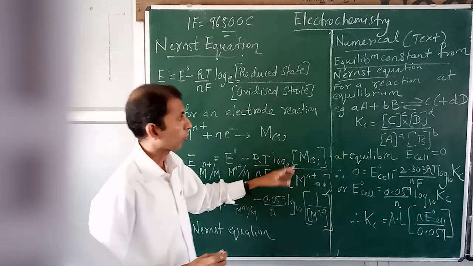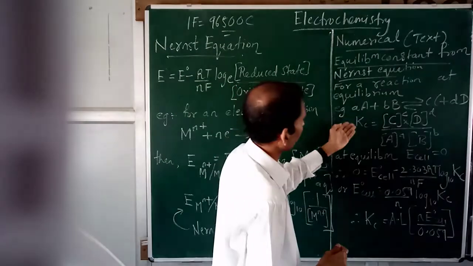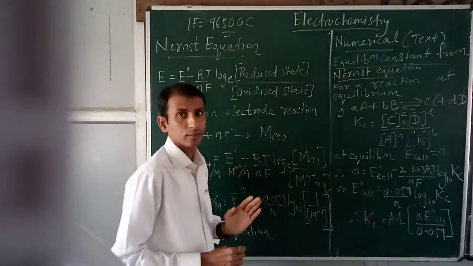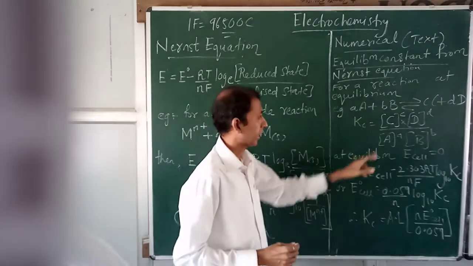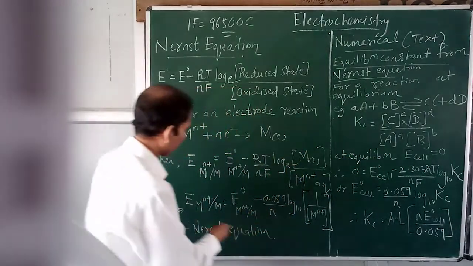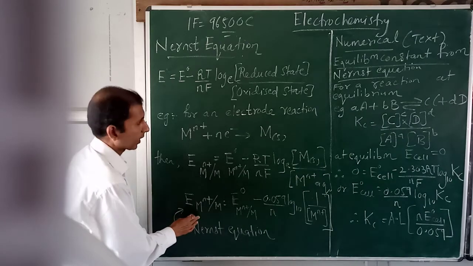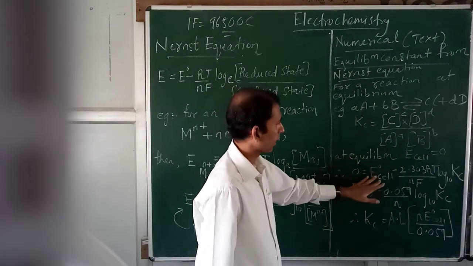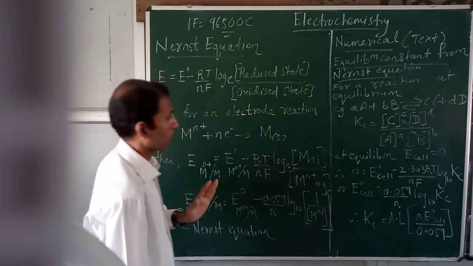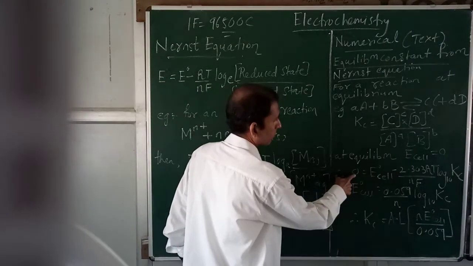So if this value of molar concentration of product upon reactant, you relate to the Nernst equation here, then you can write this particular equation in the form like this.